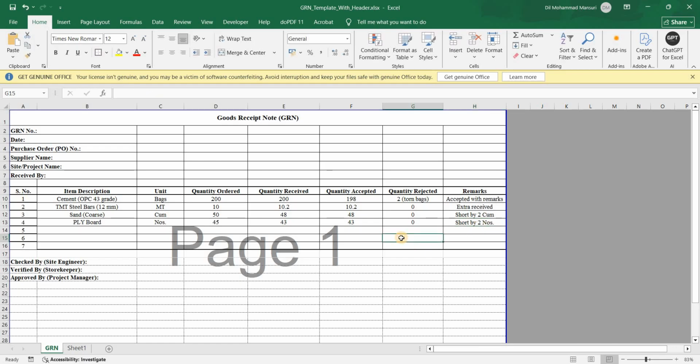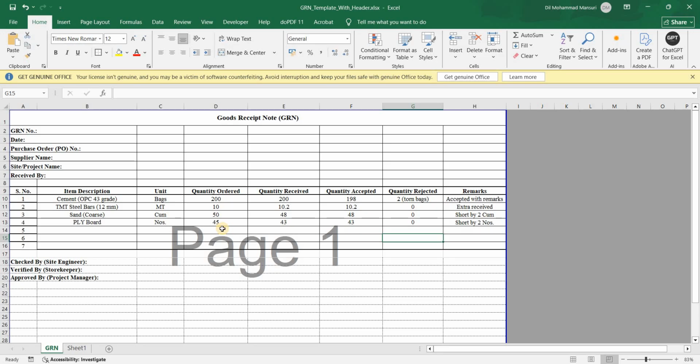So in this way, if you maintain your site delivery reports or site delivery quantity, then it will be beneficial for you to make decisions, or you can report it to your head office, and there is transparency. Suppose a company got the receipt, like a bill, of 200 bags, but on site you received only 198, then there is a loss of 2. So in this case, what happens?